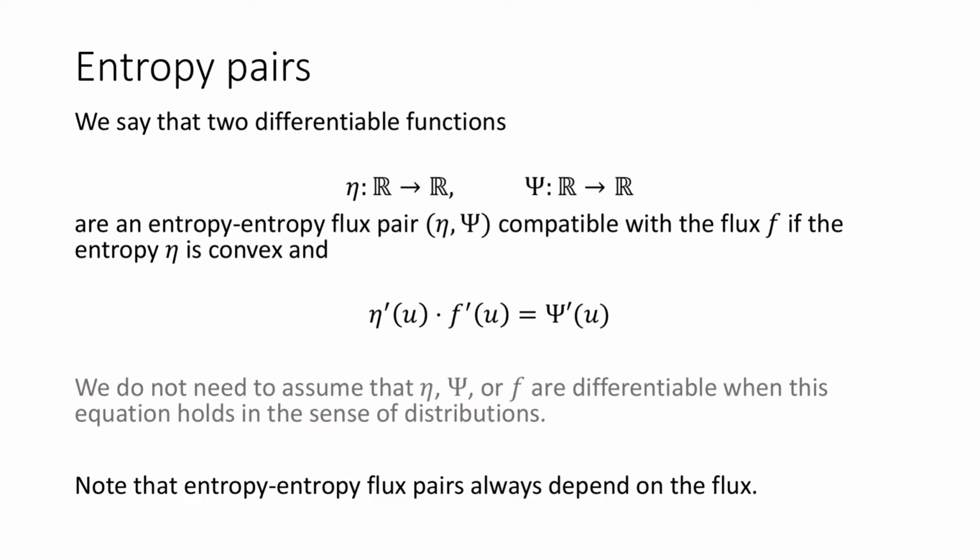So let's take a look at the notion of entropy pairs. We say that two differentiable functions, eta from the real numbers into themselves and psi from the real numbers into themselves, are an entropy-entropy flux pair (eta, psi) compatible with the flux f if, first, the entropy function eta is convex, and second, the following identity holds: eta prime of u times f prime of u equals psi prime of u for all possible real numbers u.